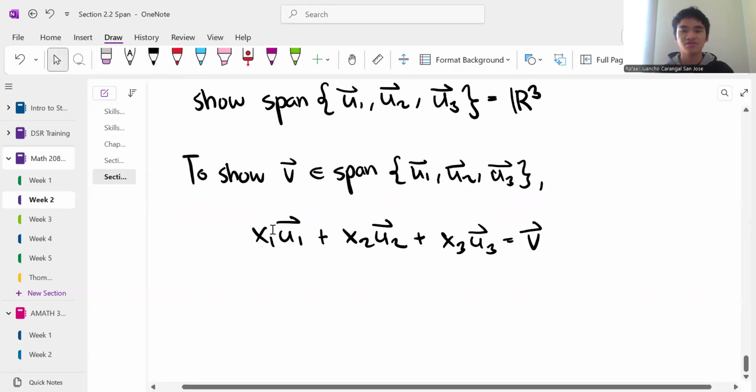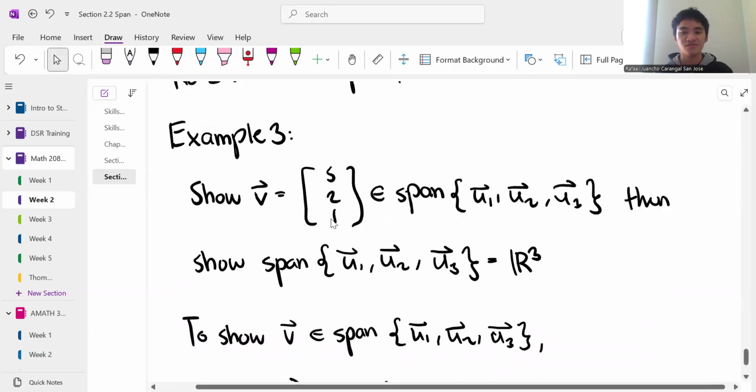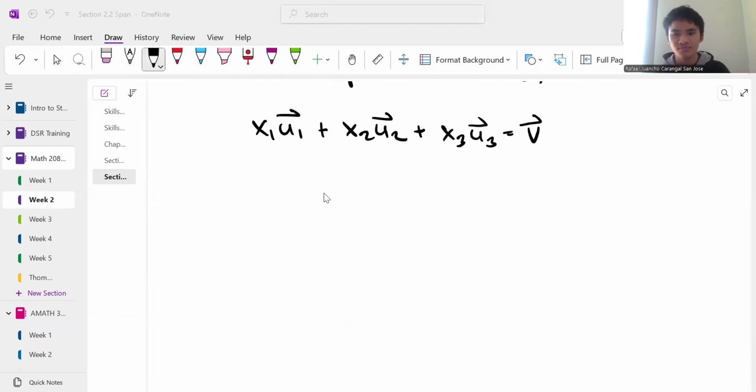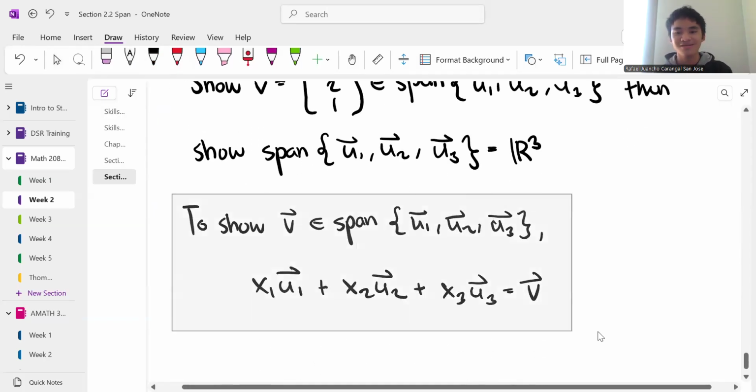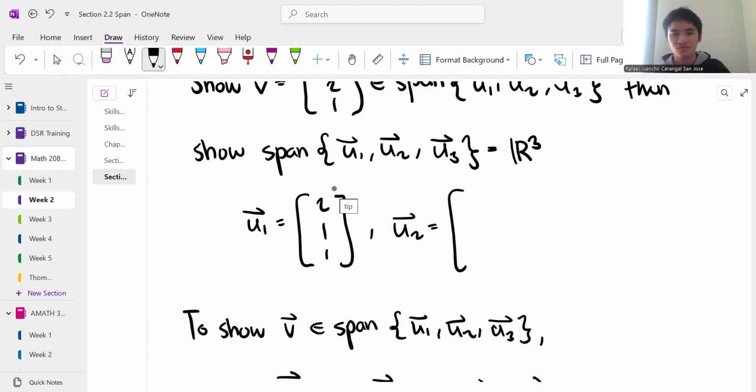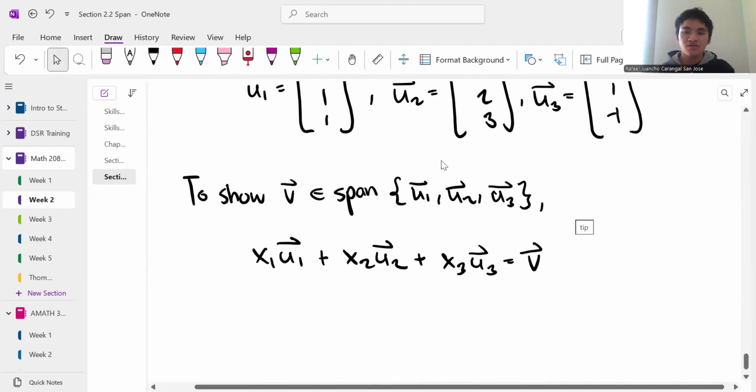Can we find a linear combination of the three vectors which will give us the resulting vector v? Oh shoot, my bad. I forgot to show what u sub 1, 2, and 3 are. Let me just show them real quick. So u sub 1 has components 2, 1, 1. U sub 2 has components 1, 2, 3. And u sub 3 has components, I think it was 9, 1, negative 1.